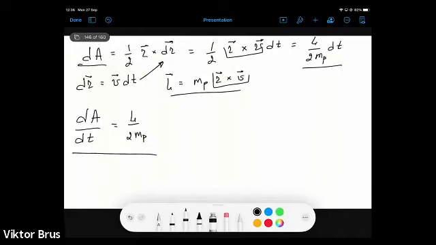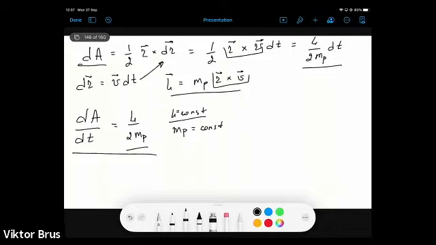With this, we know that L is constant because it's an isolated system. The mass of the planet is also constant, it doesn't change. This means that on the right side we have some constant value. And that tells us that the change of the area swept by the radius vector per each interval of time, which shows the rate of change of this area, is constant.